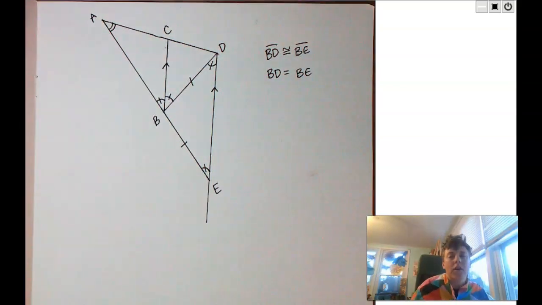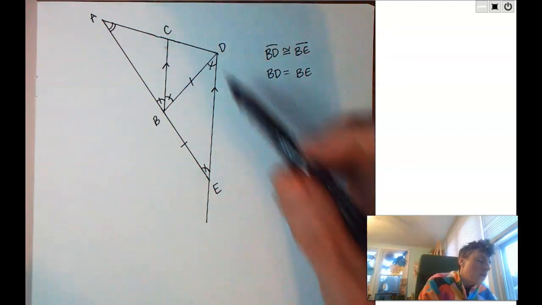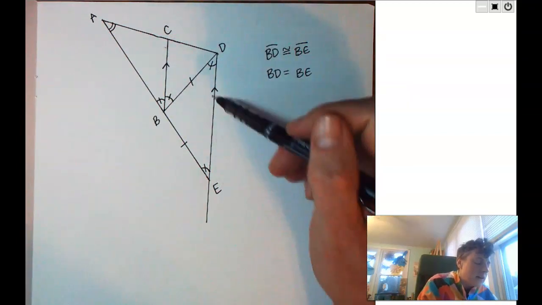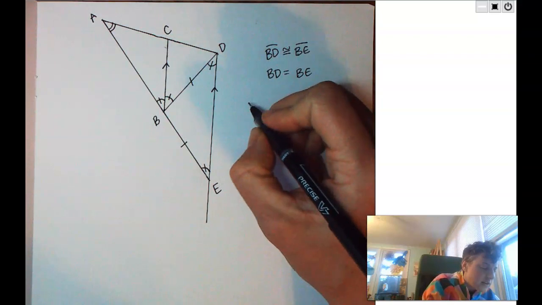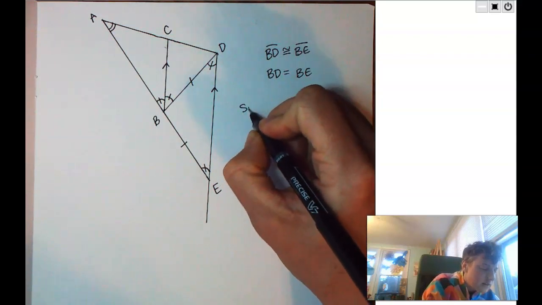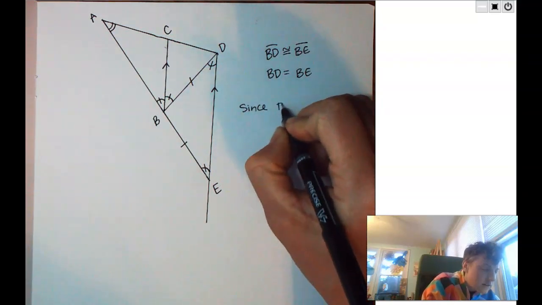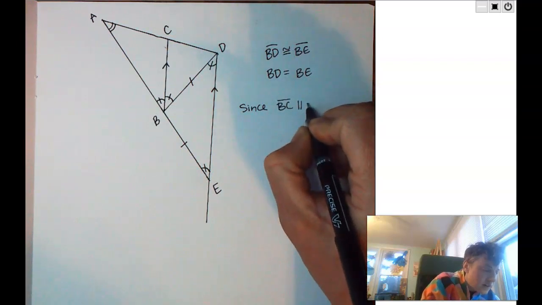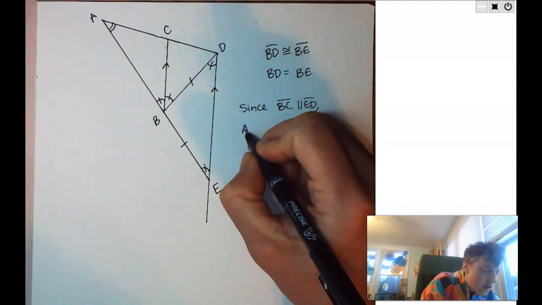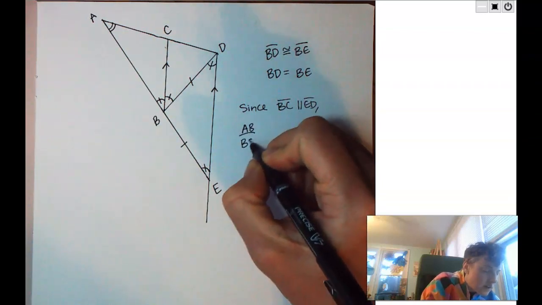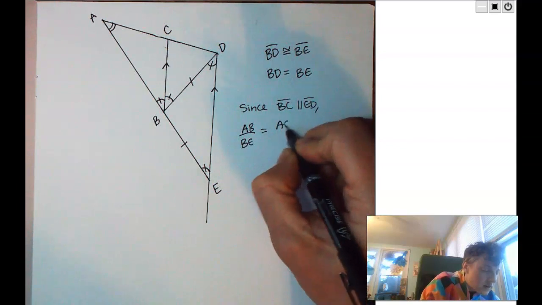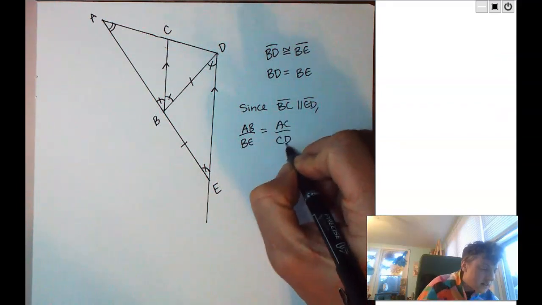So if we go back to our 8.6 theorem, or even more specifically, our triangle proportionality theorem, we chopped the triangle up with parallel lines, and we were able to say that since BE is parallel to ED, AB over BE is equal to AC over CD.